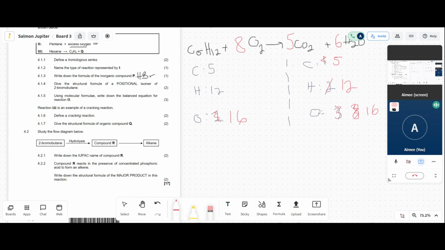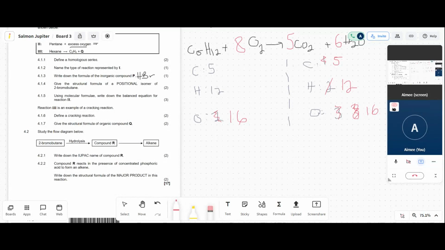One more time: cracking is the chemical process in which longer chain hydrocarbons are broken down to shorter, more useful hydrocarbons and molecules, such as alkanes and alkenes. Hopefully that's okay.